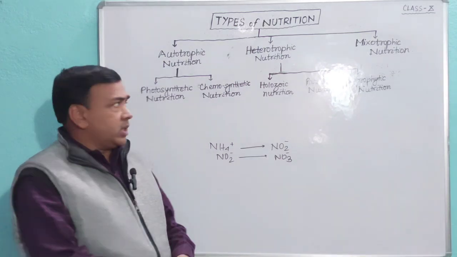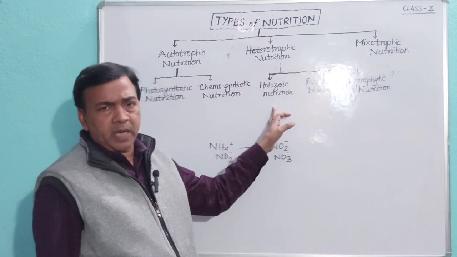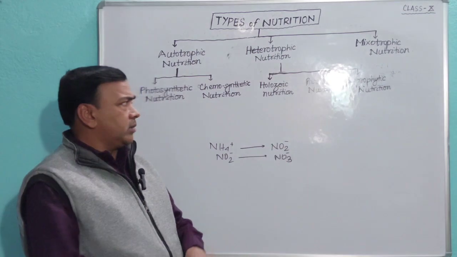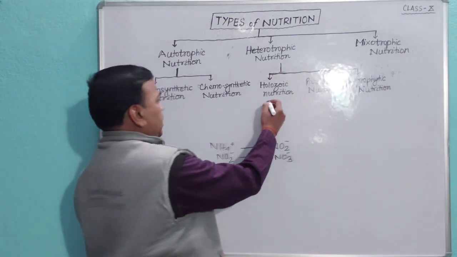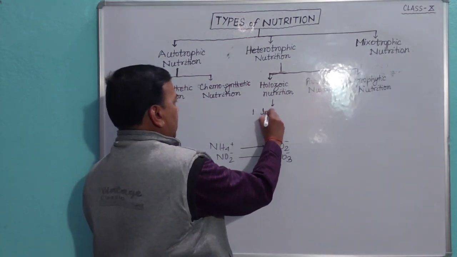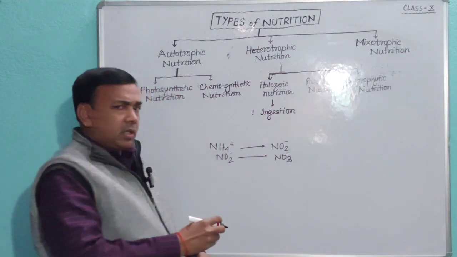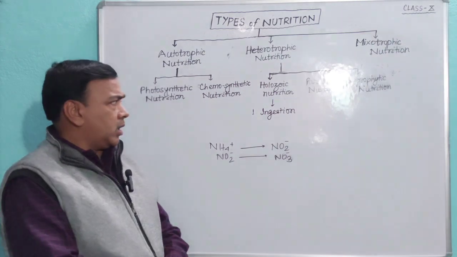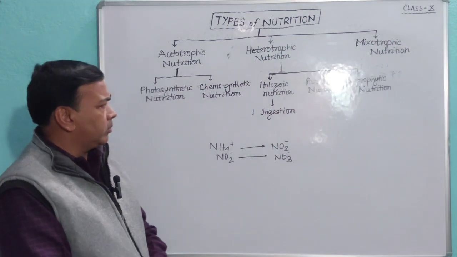The whole process of holozoic nutrition involves 5 sub-stages: ingestion, digestion, absorption, assimilation, and egestion. The first one is ingestion. The organism gets its food by eating another organism, whether it is plant or animal.